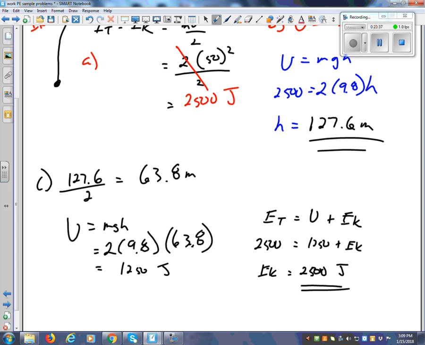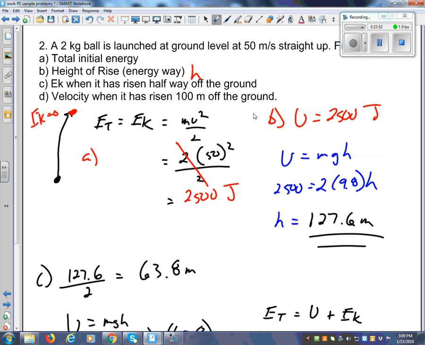So why did you do that? What do you mean? Show. Yeah, to prove it. Would the speed be, I'm confused, would the speed be 25? If it was launched at 50, would halfway up be 25?